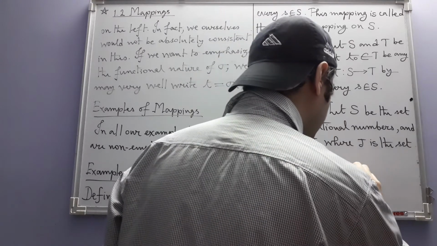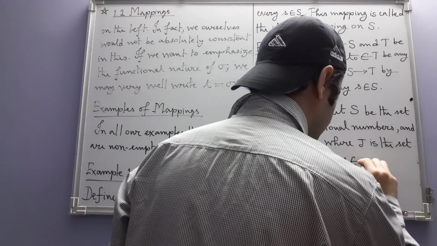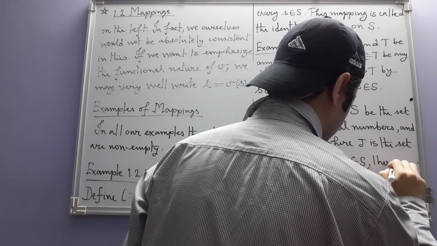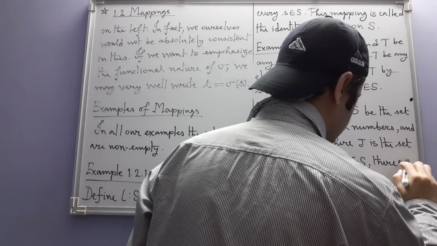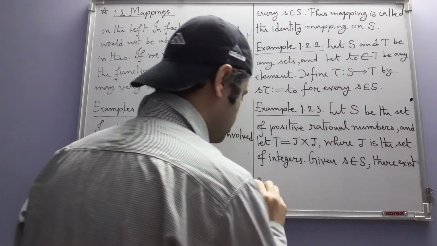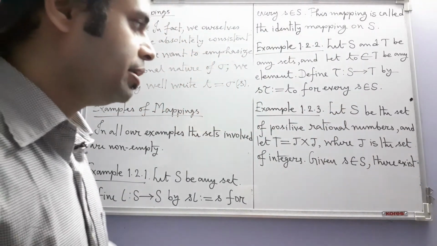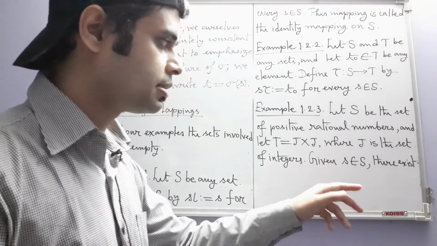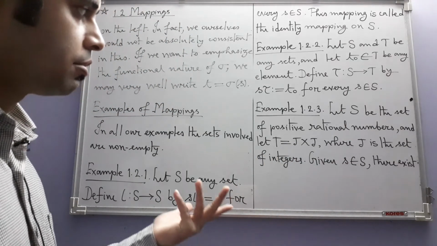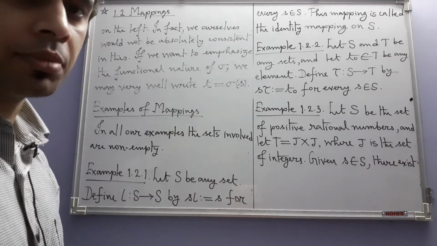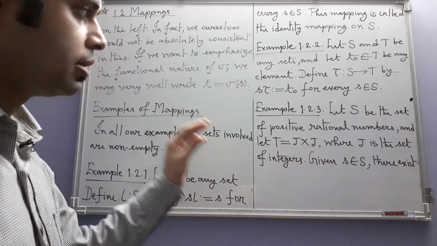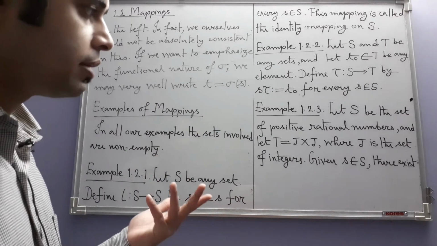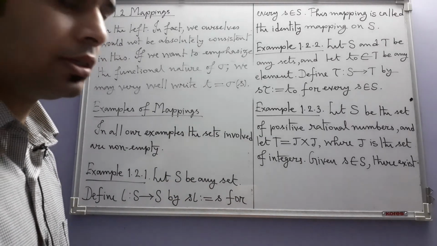Okay. Now given s belonging to S, there exists, okay, so what does it mean when we say that s belongs to S? It means that small s is a positive rational number. So by the definition of a rational number, small s can be written as a ratio of two integers, and we can choose those two integers to be positive.